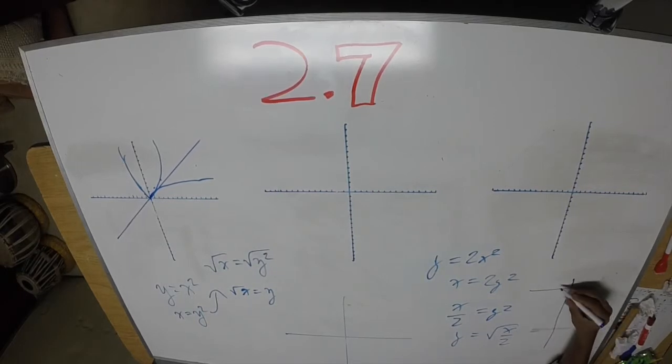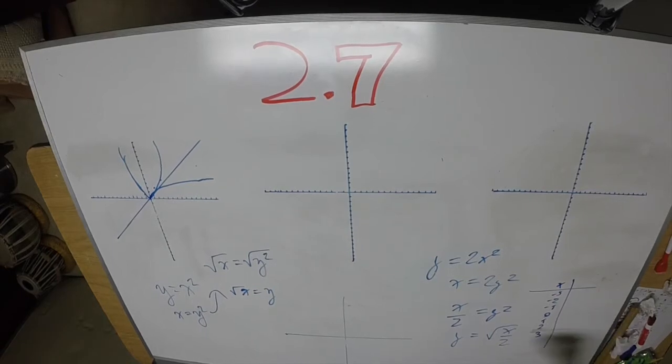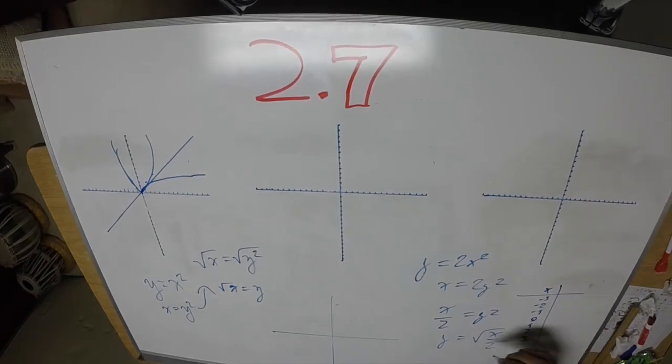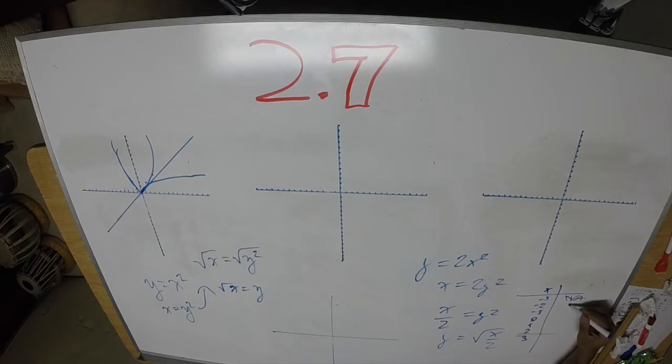So we have x at -3, -2, -1, 0, 1, 2, 3. So plugging into the formula over here, we have root x over 2. So -3 over 2 becomes -3 over 2, and you can't root that. So that applies to all negative numbers. So these three are not applicable.